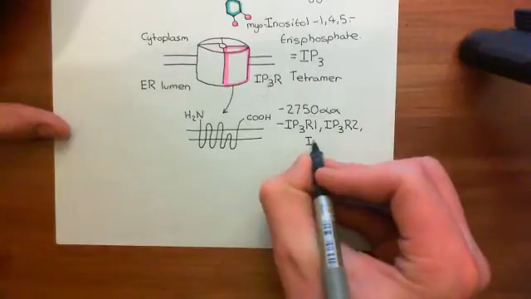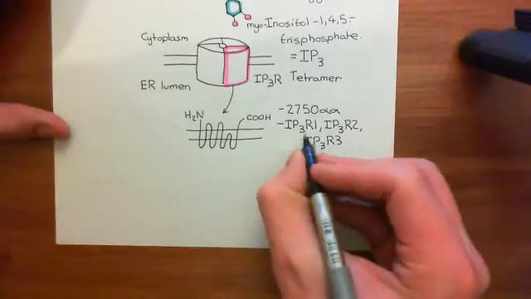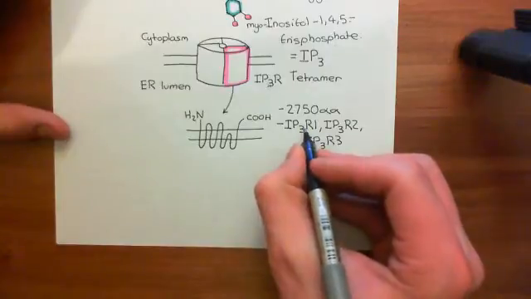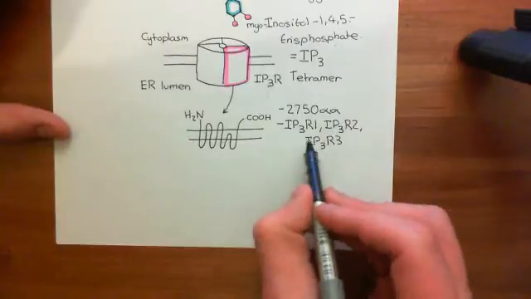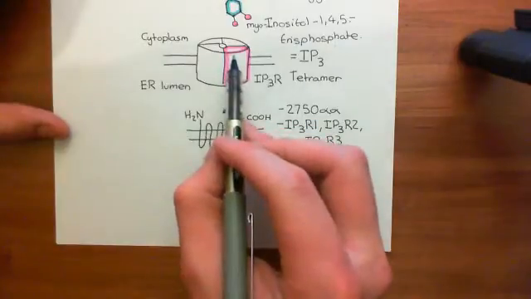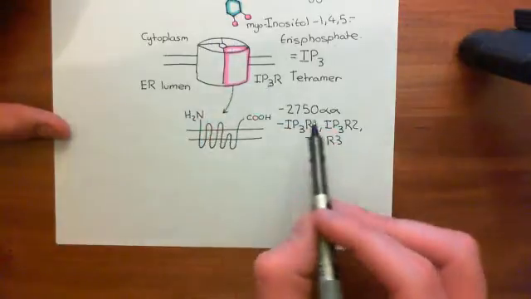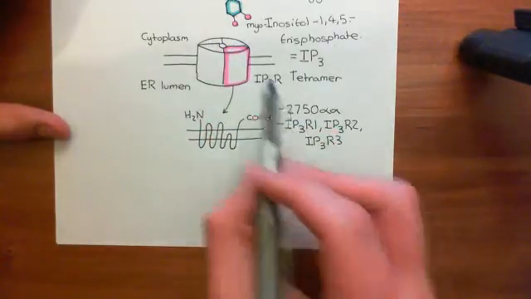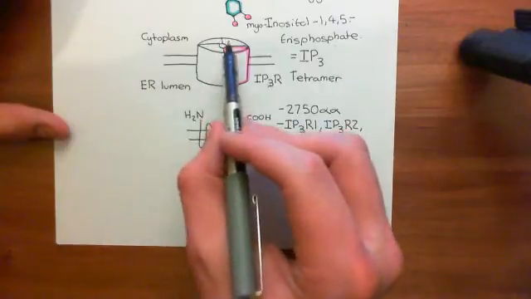So what we then need to ask is, how can you actually tetramerize these together? We have these 3 different subunits for IP3 receptors. Is it the case that you can only build homotetramers, where you use 4 of the exact same IP3 receptor subunit in all 4 of the slots?